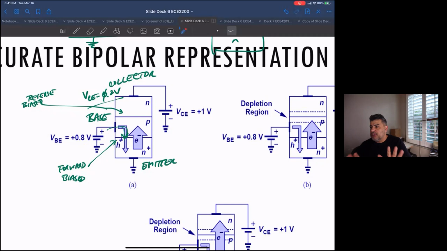I think we'll need a couple more steps before you see how that works. But that is definitely a big engineering tool, how wide you make that and what that does to the current. It will increase the VBE that you need, because there are also some resistances here, et cetera. But it's definitely an engineering choice.